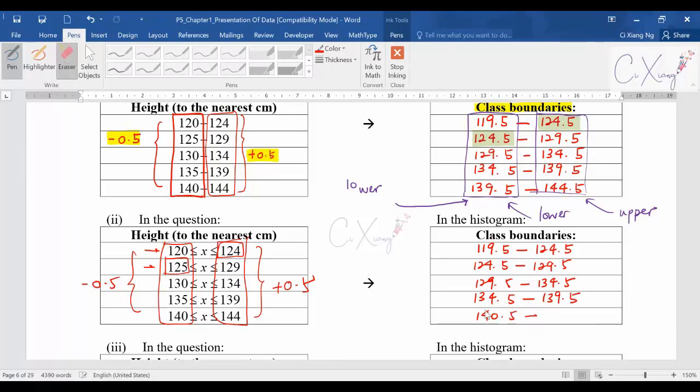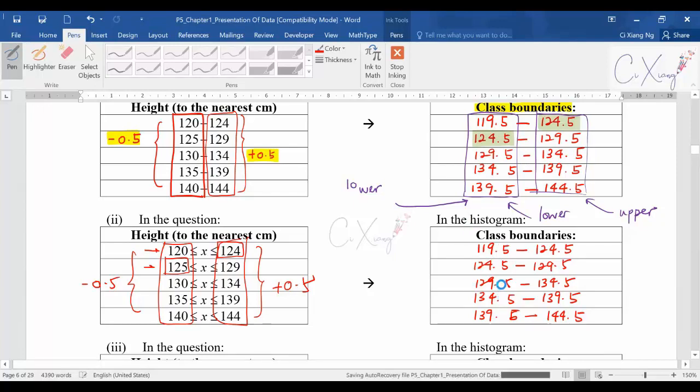Sorry, this one should be 139.5 to 144.5.